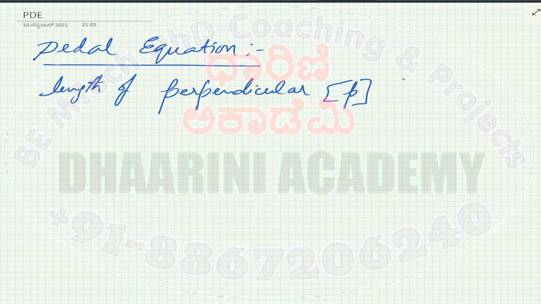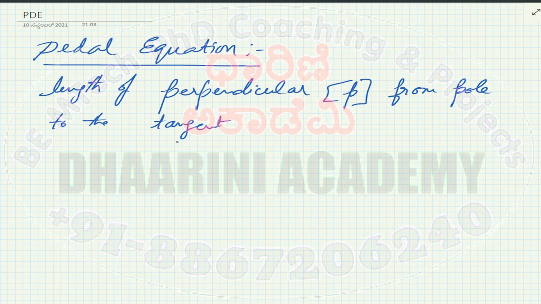This is the length of the perpendicular from the pole to the tangent. So we know what a tangent is. We already found the relationship for how to find this tangent in the previous classes on polar curves.